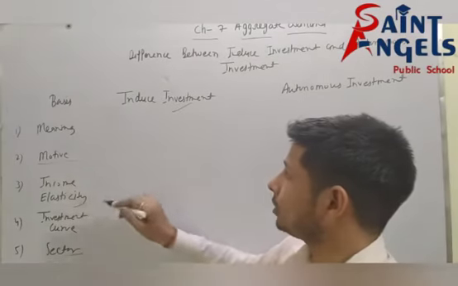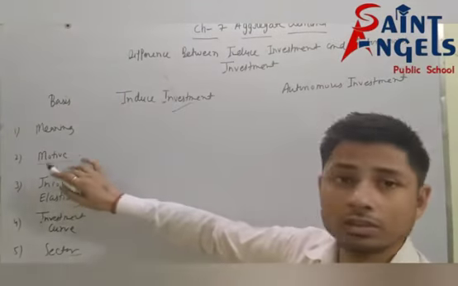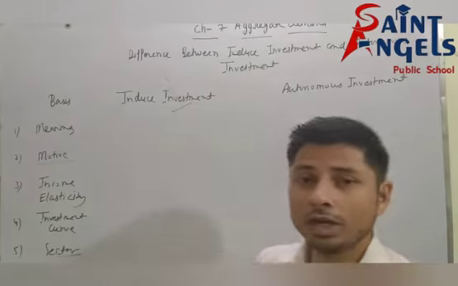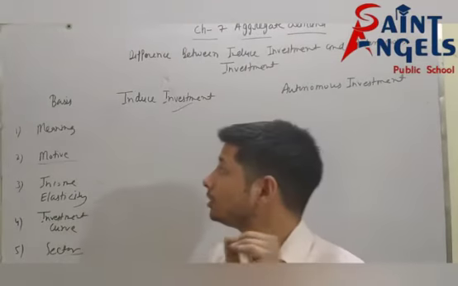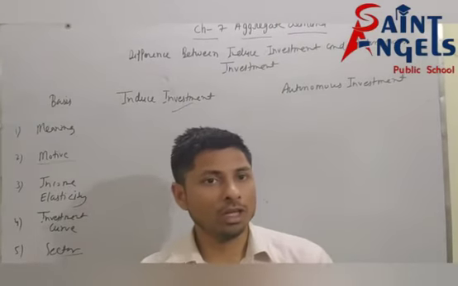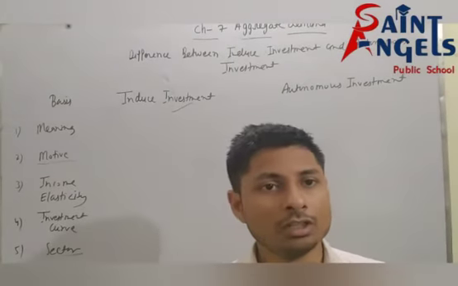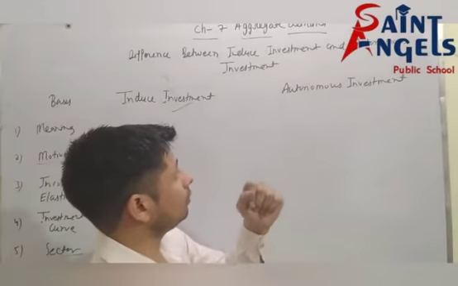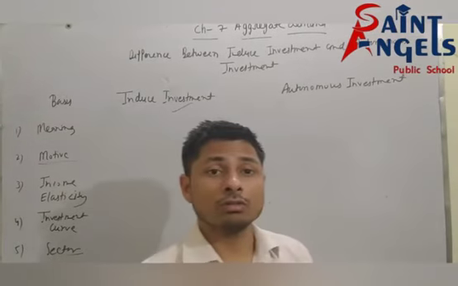Next basis is motive. The aim of induced investment is profit motive, and the aim of autonomous investment is social welfare.